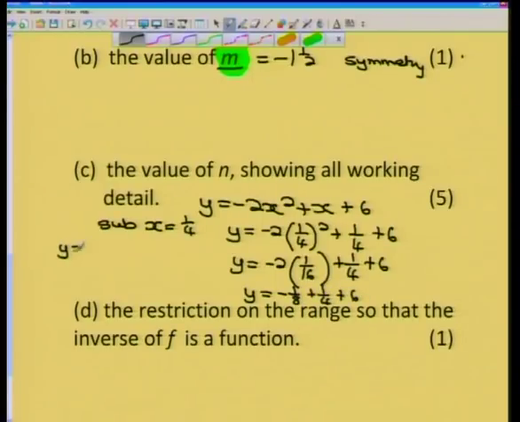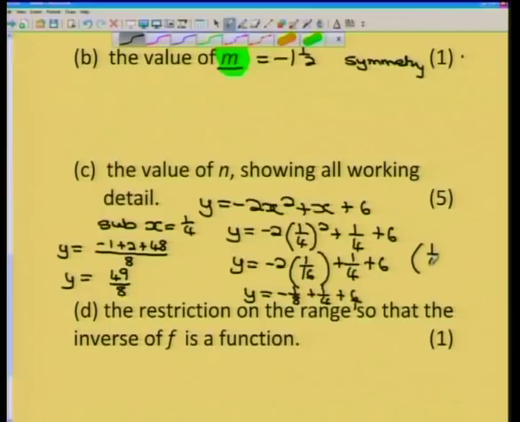Now that means that y is equal to, and let's put the whole thing over 8, minus 1 plus 2. Remember that's over 1. 1 goes into the 8 times. 8 sixes are 48. Adding that, I'm going to get 49 over 8. So that's my y value of the turning point.